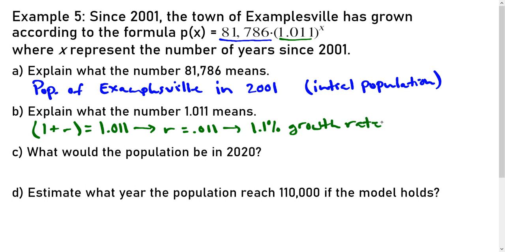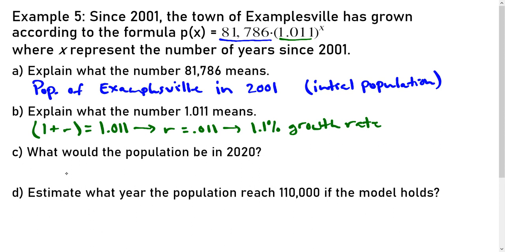Okay, so the number 1.011 is the rate of exponential growth for the town of Examplesville. And again, just by looking at it, you can tell me exactly what the growth rate is, doing some basic addition and subtraction and converting from a decimal into a percentage.